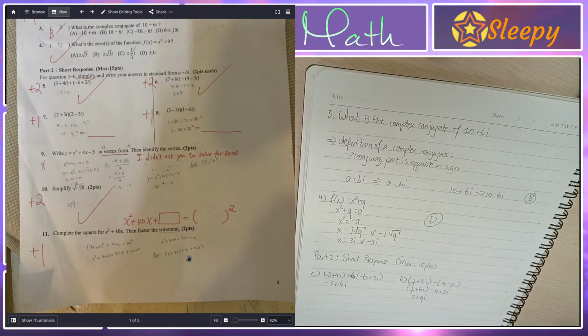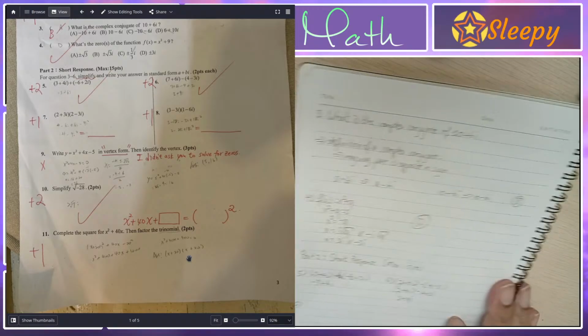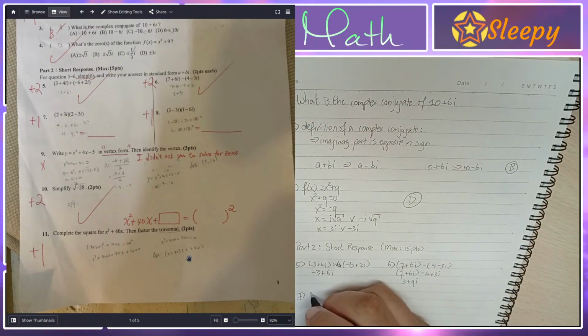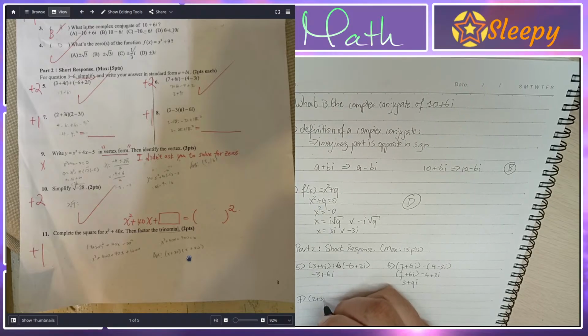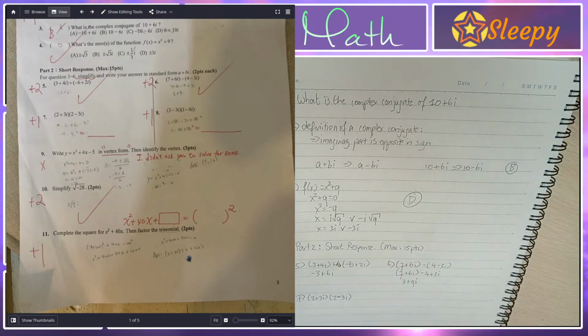Okay, the next one is slightly more complicated. So 7: 2 plus 3i, 2 minus 3i. Okay, this is actually like a plus b, a minus b, right?